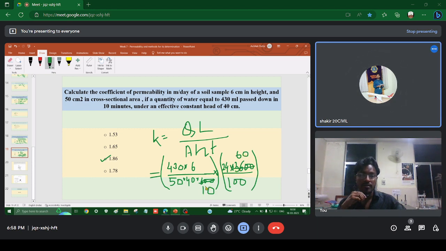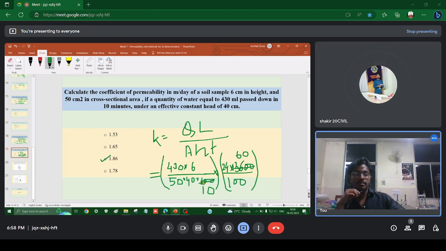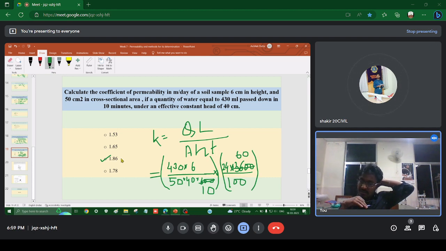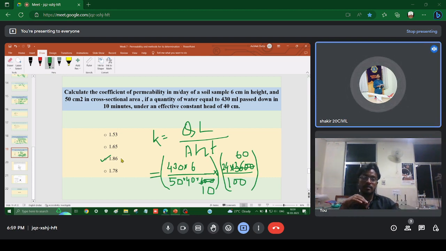Same thing, right? 60 into 10, 60 into 60, so no difference. So just check once, I believe there might be some silly mistake. It will be 1.86. If there is any change, you can tell me in the next class and I'll correct it. Yes, sir.